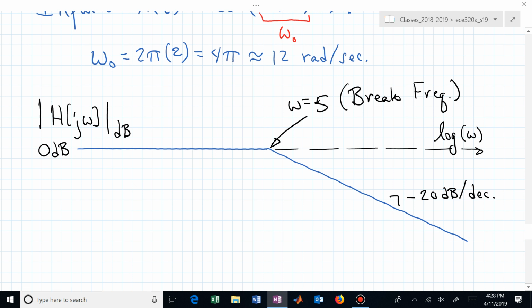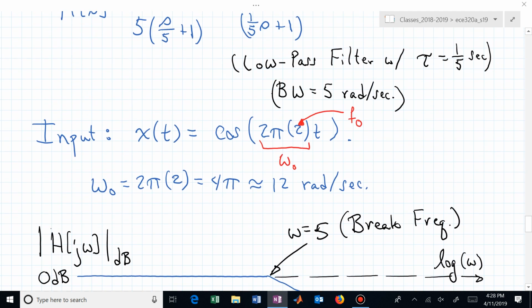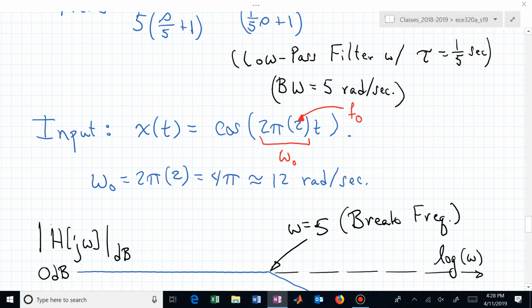Where is 12, and what is 12? It's omega naught. We've identified 5 on the frequency axis. Where is 12? We're still going positive, aren't we? We're still walking in the correct direction. So 12 will be to the right.